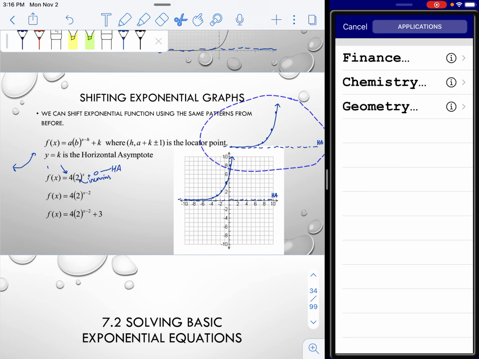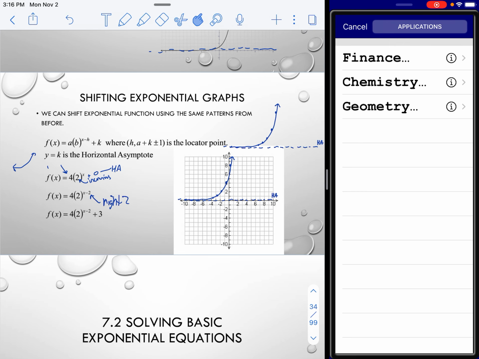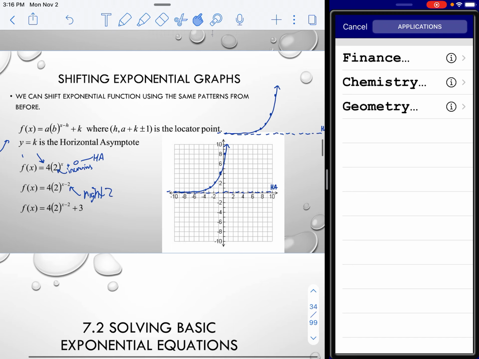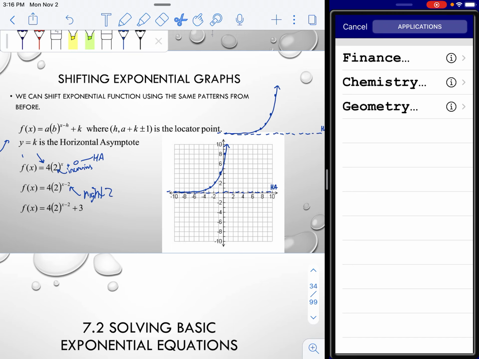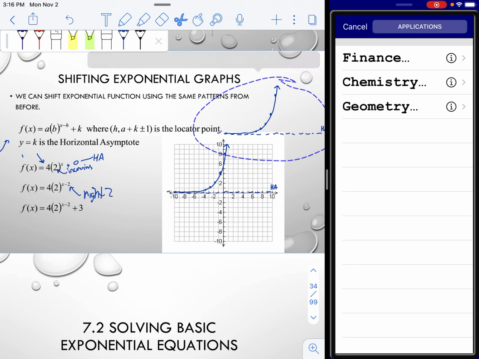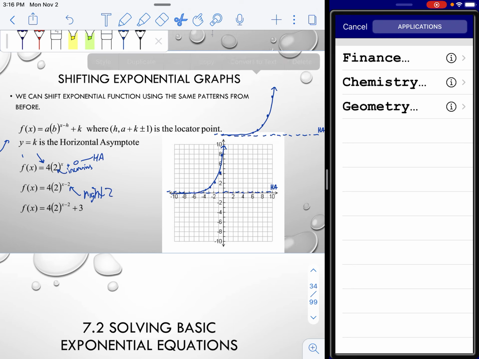Now this one, all this is a horizontal shift to the right too. So we can hopefully grab this graph right here, which I can't do at the moment. I got to cut it out again. Technical difficulties. Let's try this again.